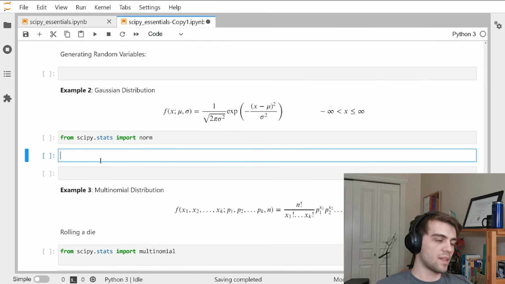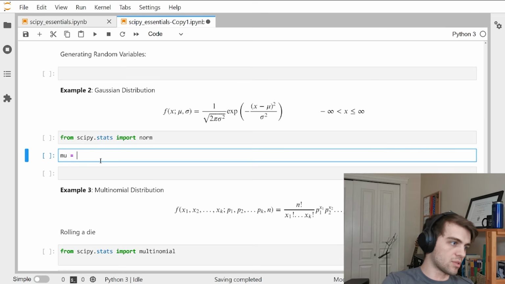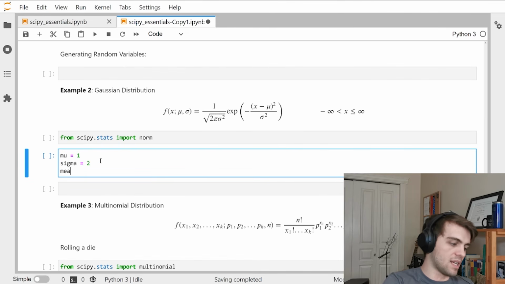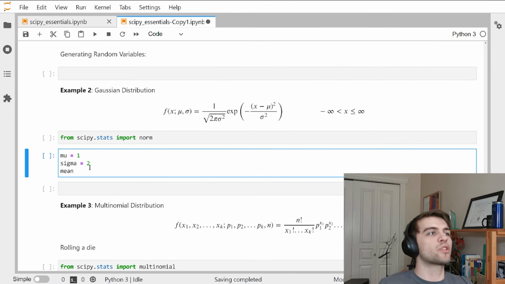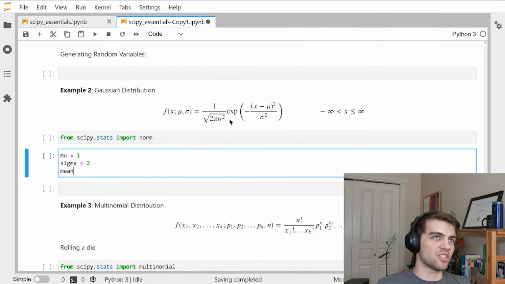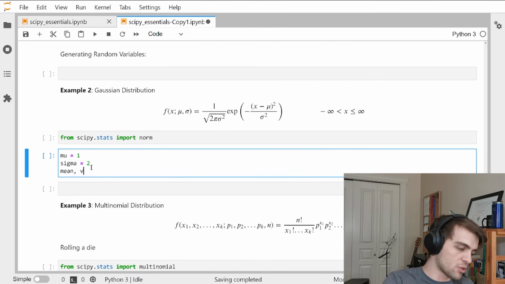Again, it's the same thing. I can say mu is equal to 1, sigma equals 2, and I can extract the mean and the variance of this distribution. Remember, for the normal, mu and sigma basically tell you the mean and standard deviation. It's one of those distributions where you can literally look at the parameters and find the mean and standard deviation. So maybe this is a little bit counterintuitive, but norm.stats.